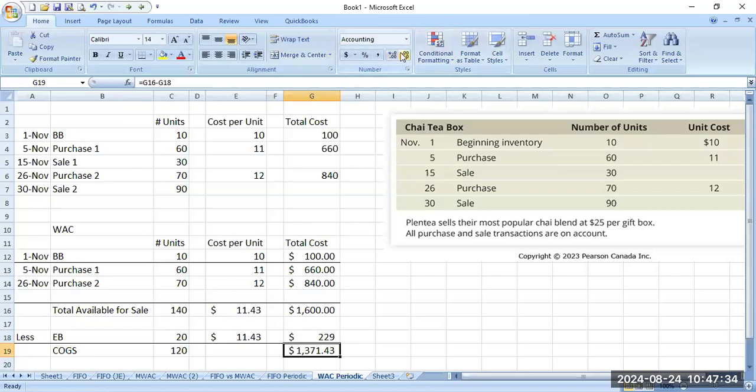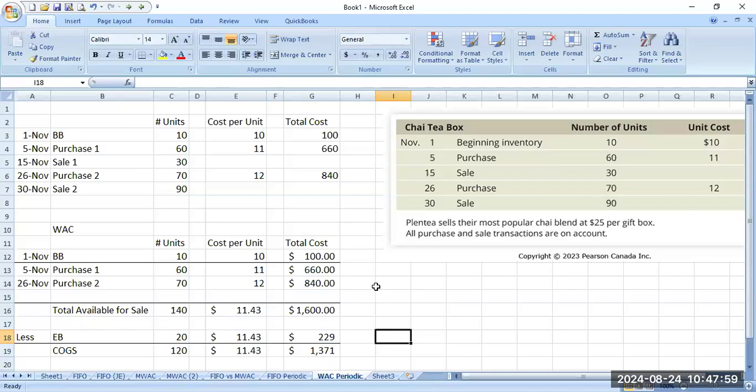If we eliminate the numbers after the decimals, 1,371. What will be the average? Should be exactly the same. This number, we need it smaller, $11.43. And our job is done.